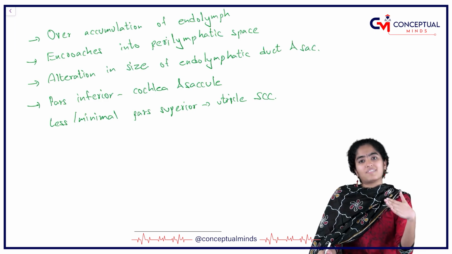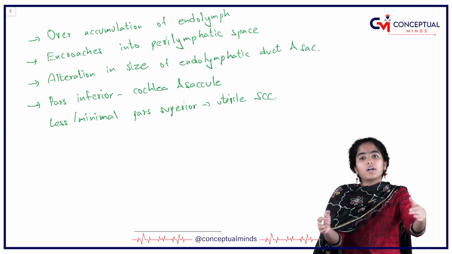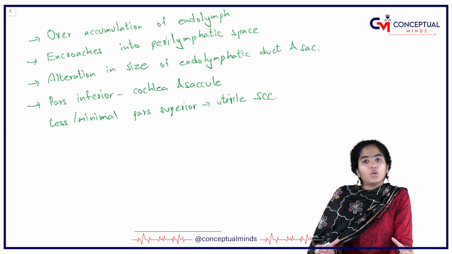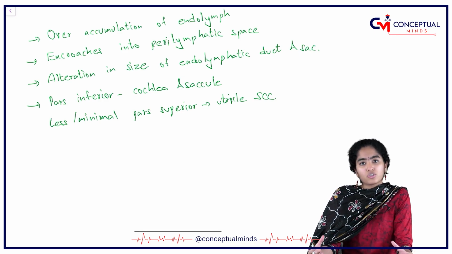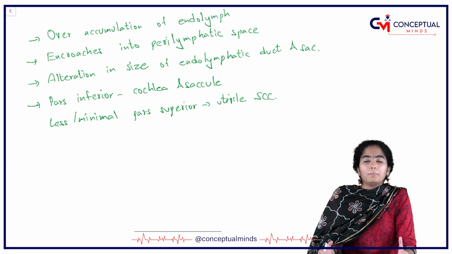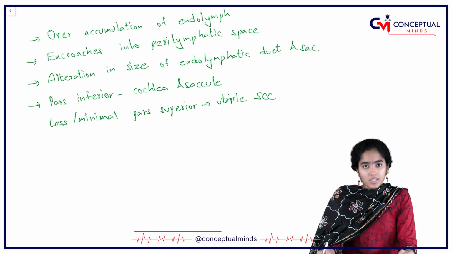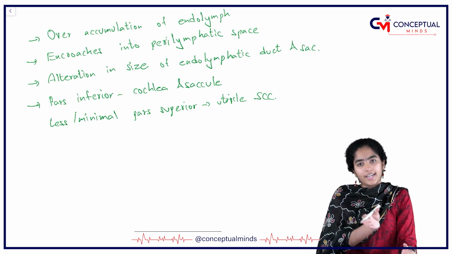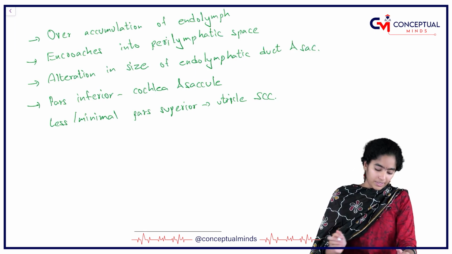You know that the scala vestibuli and scala tympani become continuous with each other at the apex of the cochlea, at the helicotrema. Helicotrema is the junction where these two fluids are meeting. So the Reissner's membrane, after it bulges and bulges, finally herniates into the scala tympani.